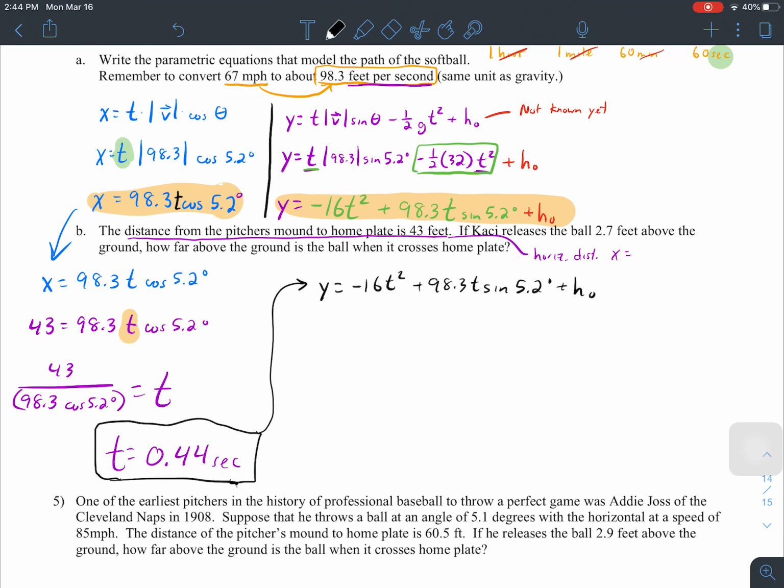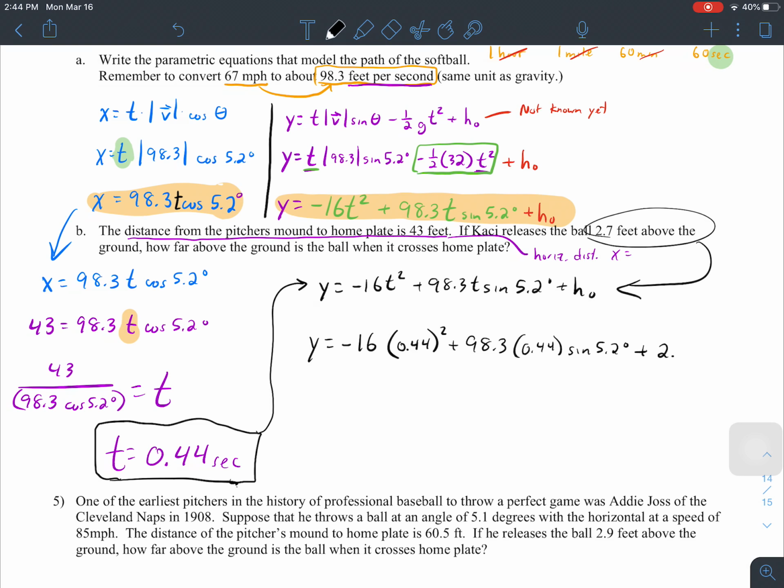From this prompt, we were told our initial height is 2.7 feet. So I can plug that in, but also realize negative 16t squared, I know what t is now. It's 0.44. 98.3t, well, that's 0.44 sine of 5.2 degrees plus my initial height, which is 2.7.